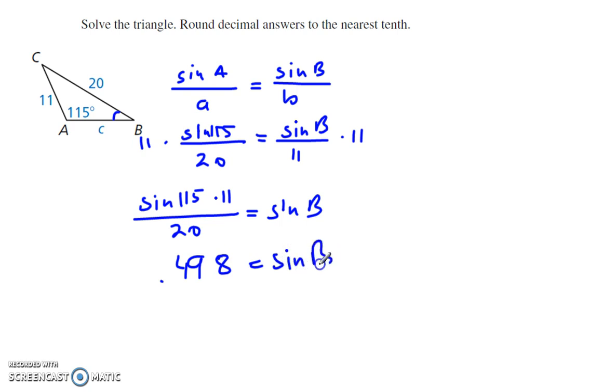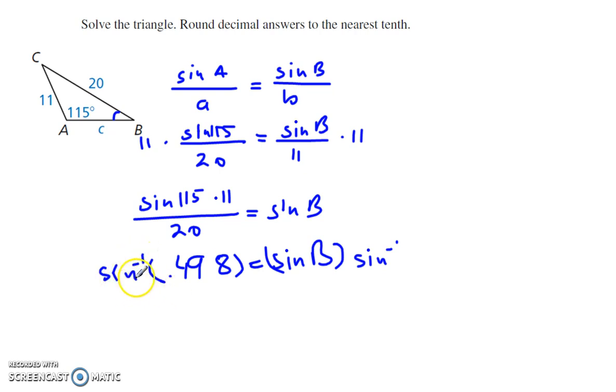Now that's sine B, that's not the measure. If I want the measure of the angle, I need to do inverse sine for this. So I'd have to multiply each side by inverse sine.